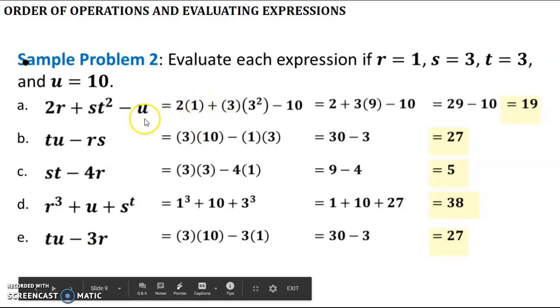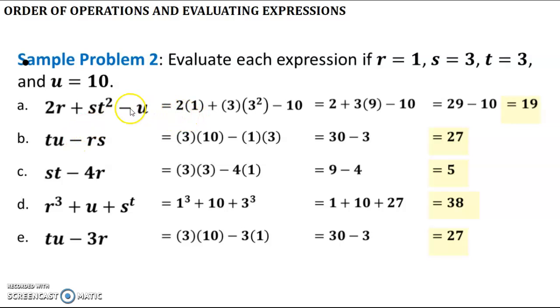And you can see here that when you multiply, so 2 times 1 plus 3 times 3 squared, you have to square the t first before you multiply it times the s, minus 10, which is what u stands for.